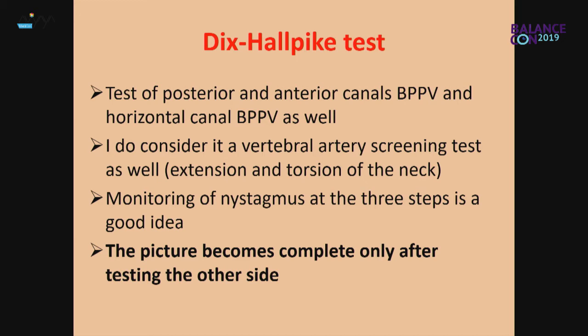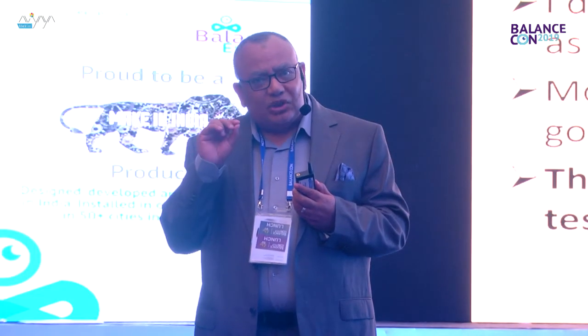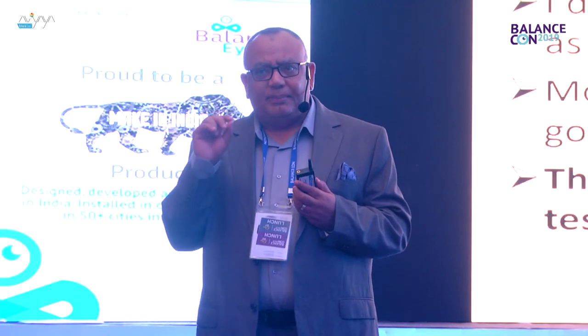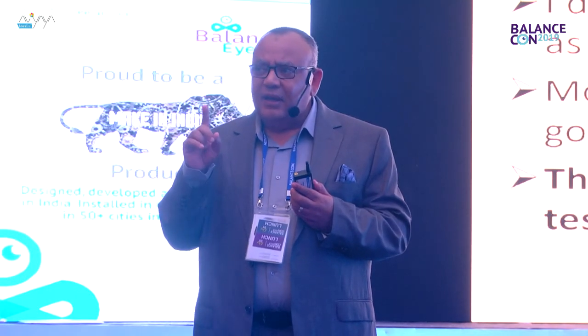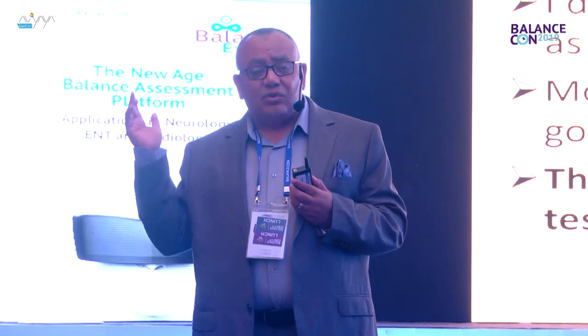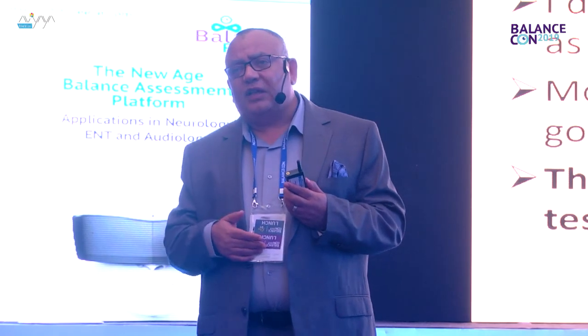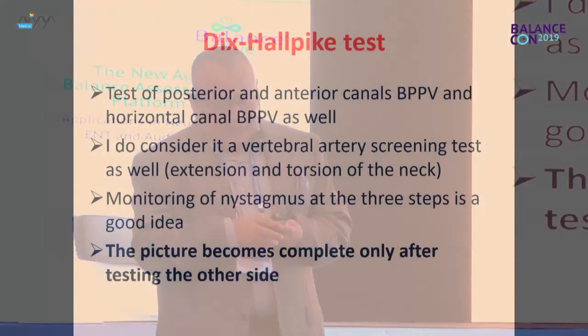So that's why it's important to look at the direction of nystagmus. BPPV should be diagnosed based on the direction of nystagmus, not the provoking maneuver. Benign paroxysmal positional vertigo should be diagnosed based on the direction of nystagmus rather than the provocative position, because as you see, the horizontal canal can show up in most of the different positional tests.